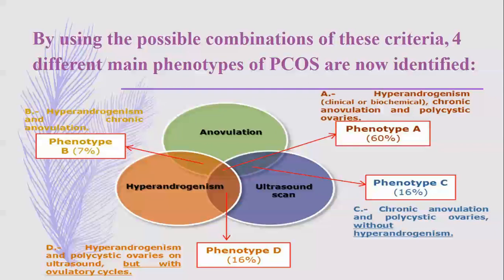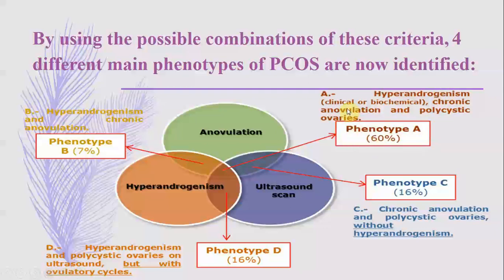From this, we will have phenotype A. Phenotype A includes anovulation, the ultrasound picture, and hyperandrogenism. 60% of the patients presenting to the outpatient clinic are in this phenotype.